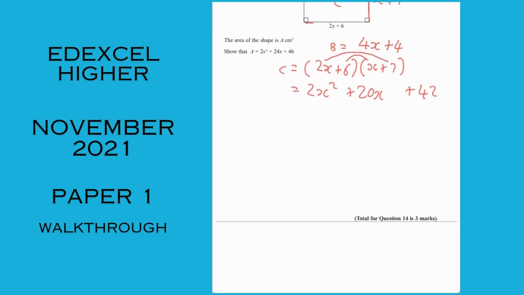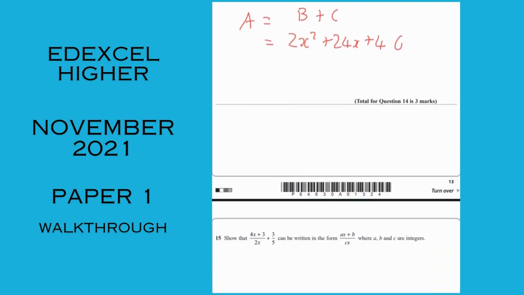So the total, in other words A, is these two things added together. So it's 2x squared plus 24x plus 46 as required. That's a hell of a 6.